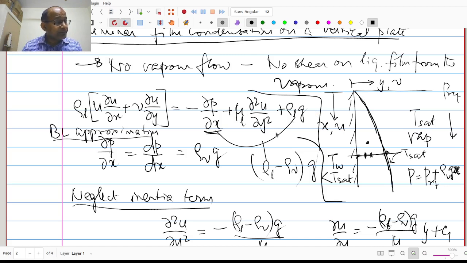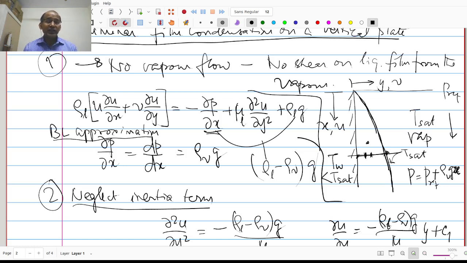And the second assumption that we made was to neglect the inertial term. So the first assumption is that there is no vapor flow, and therefore no shear from the vapor on the liquid film.